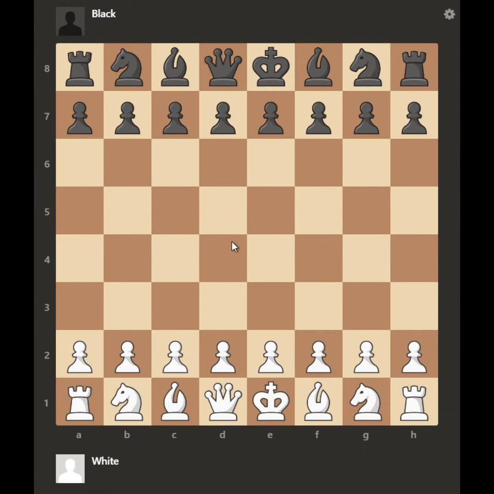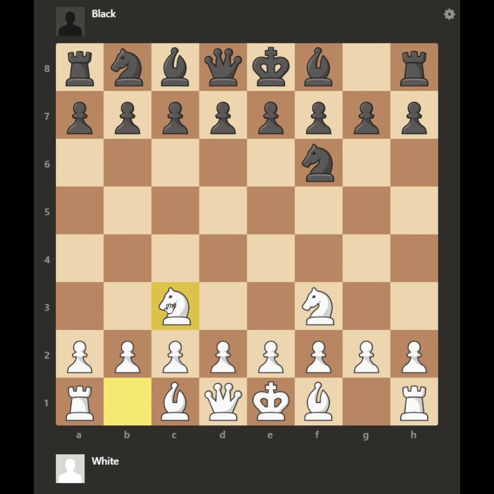First, we start with all the pieces on the board. Here, this white knight will go from g1 to f3. Usually it will go from g1 to f3. Similarly, the black knight will go from g8 to f6. And the other white knight will go from b1 to c3.